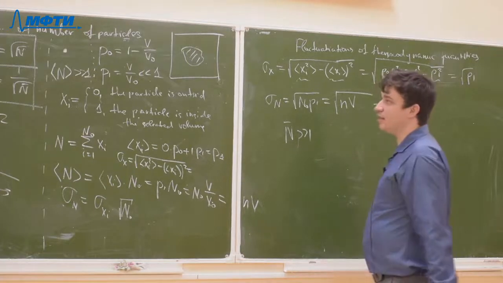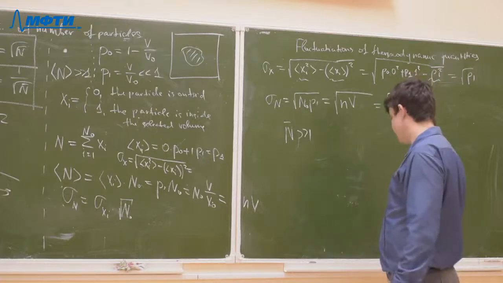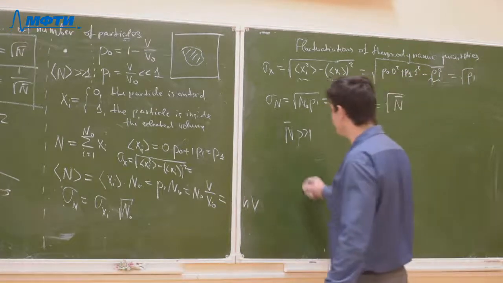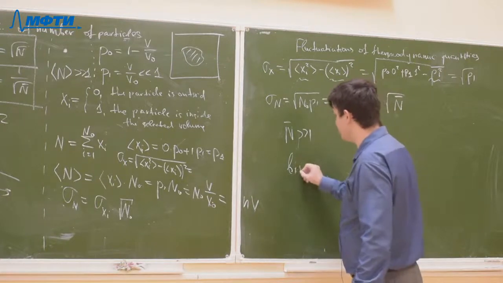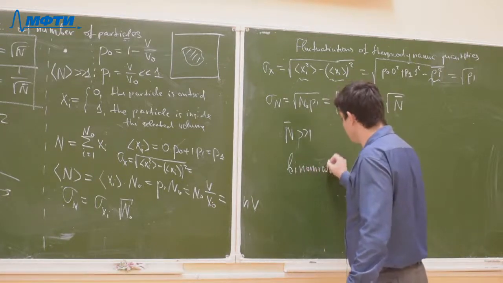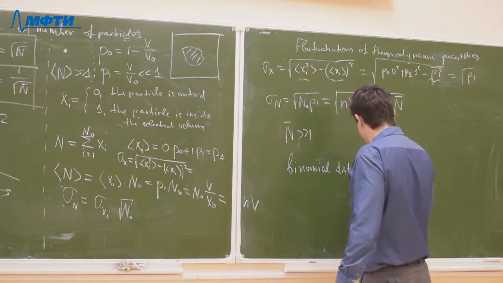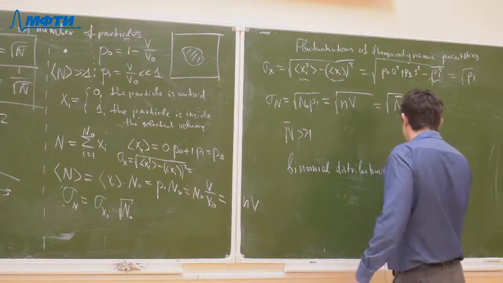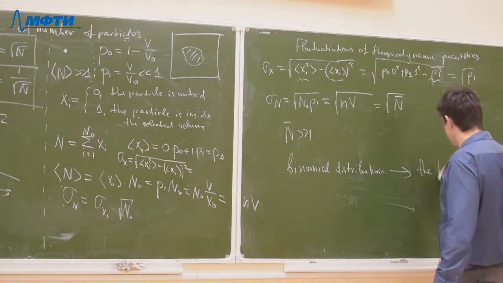Thus, I can say that we have established the following relations between different distributions. First, we have shown that the binomial distribution at some limit becomes the Poisson distribution.